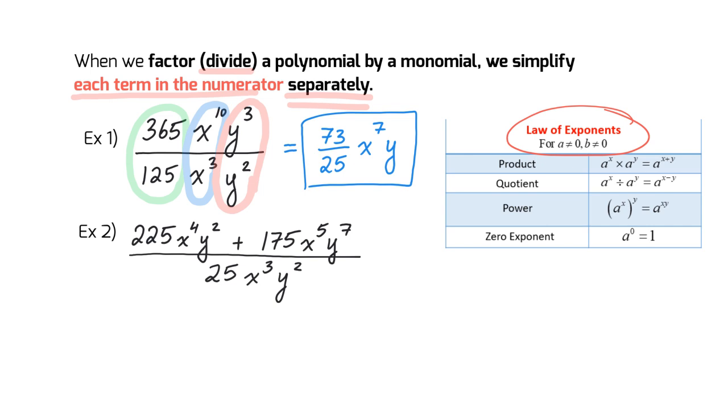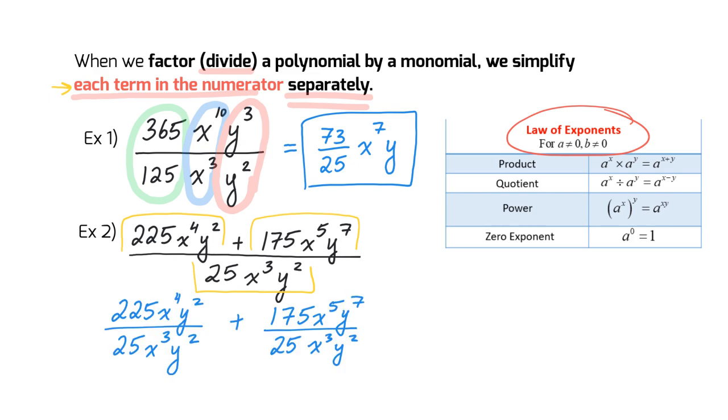In our next example, we have a binomial in the numerator, 2 terms, and a monomial in the denominator. When we have a situation like this, again, remember that each term in the numerator must be treated separately. So I'm going to take that denominator and create 2 different fractions with the same denominator, and the numerators are going to be the 2 terms in the top.